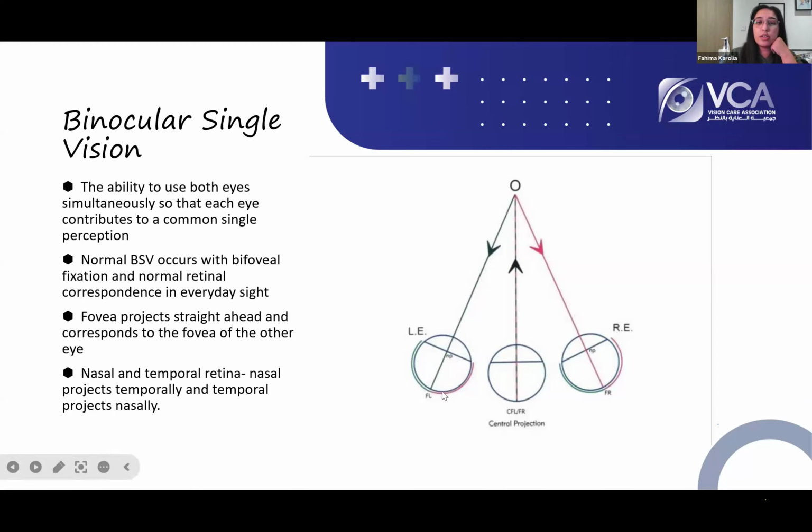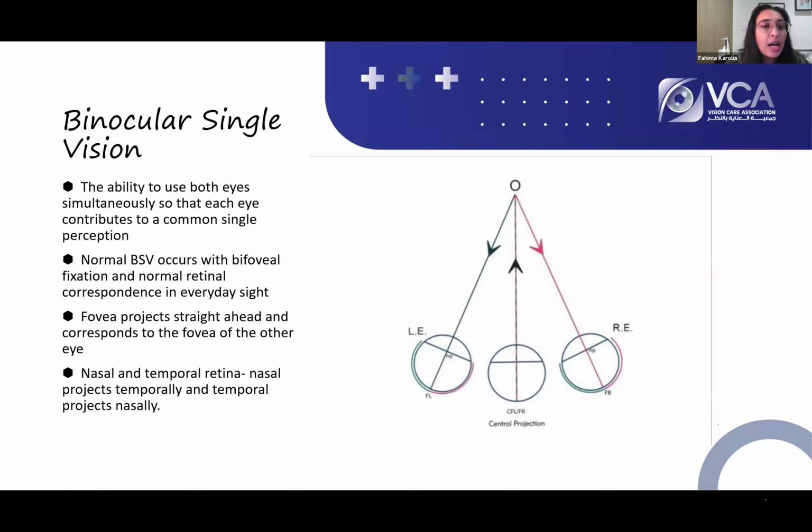Now we've got foveal fixation in the left eye, foveal fixation in the right eye. And then here we have what we call a third eye. This is our binocular single vision. So this is our perceived image because our left eye is here, our right eye is here. This is our third eye that sits right in the middle.